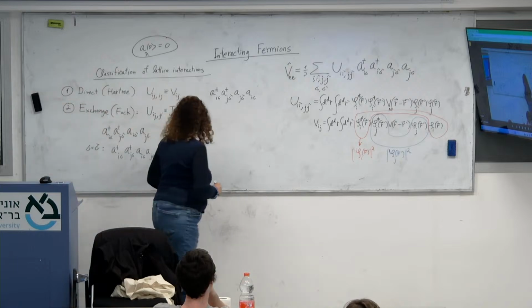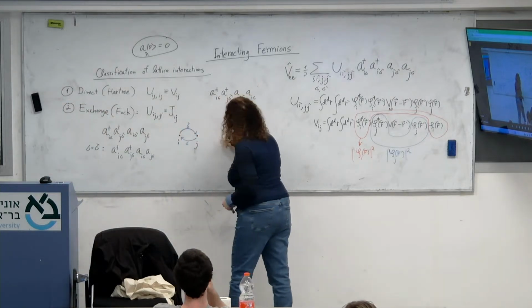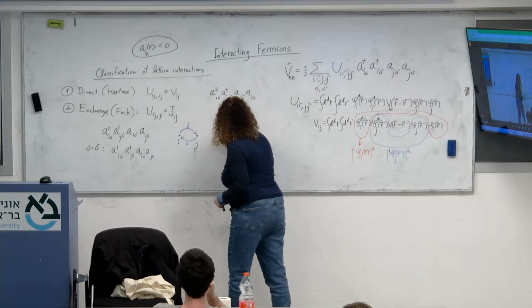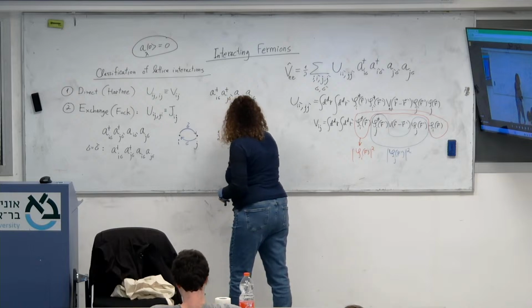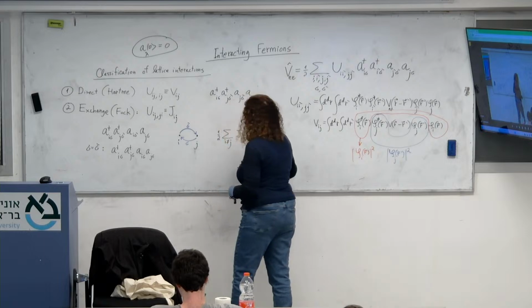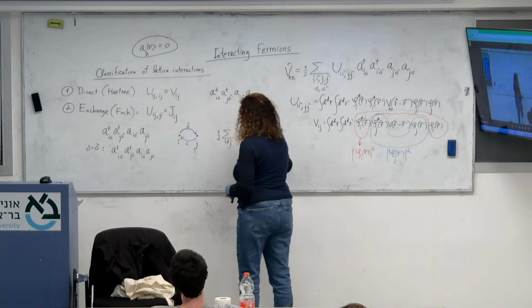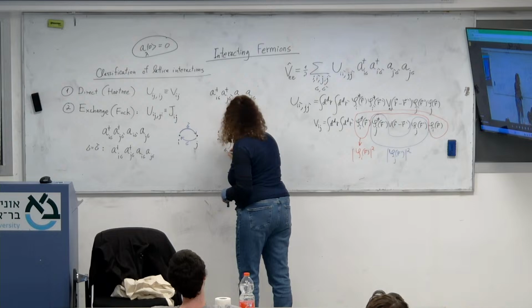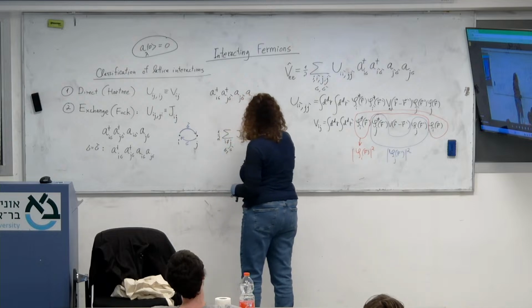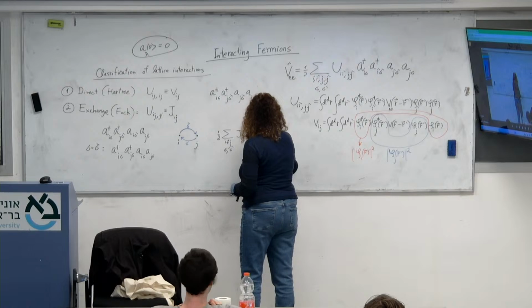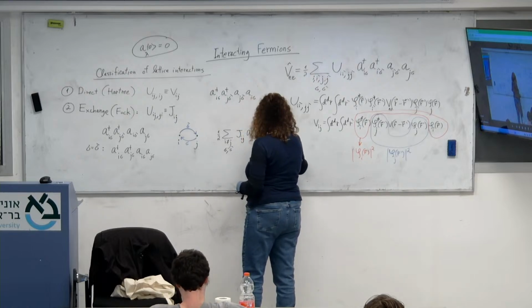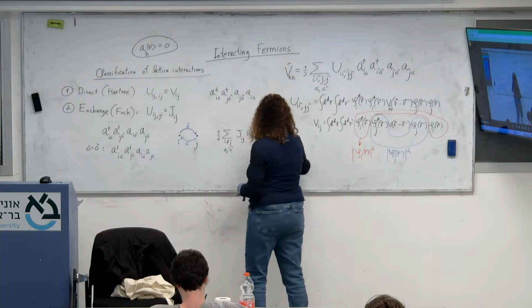If you take the exchange interaction, writing it as sum over I different from j, jij, and here I'm writing sigma prime, j sigma prime, a, I, j sigma.